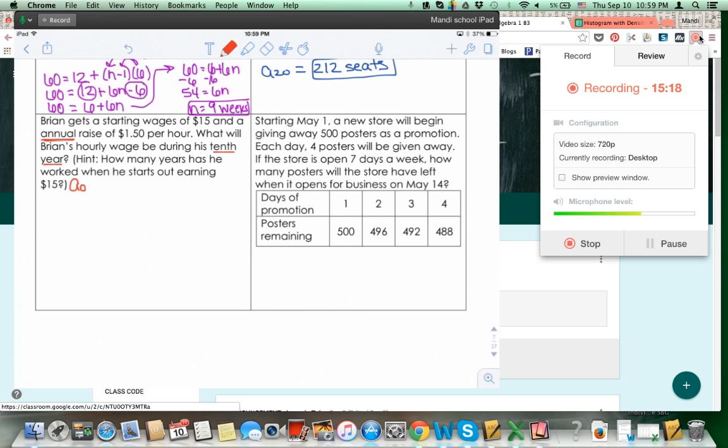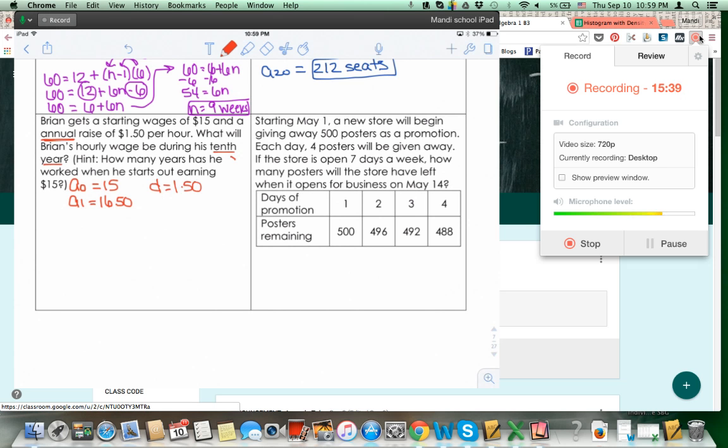The first year, so that's A sub 0, is 15. We want after the first year. So that's the 15 plus his $1.50 raise. So A sub 1 is actually $16.50. The difference is he gets $1.50 each year.